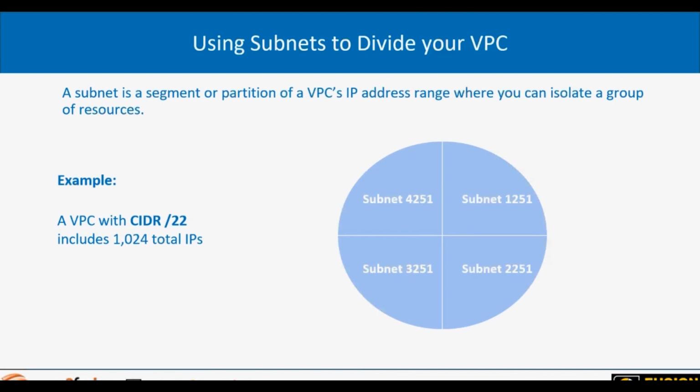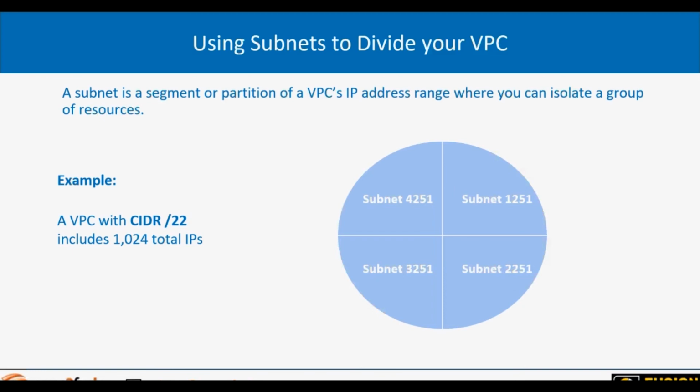Using subnets to divide your VPC. Okay. Subnet. What is subnet? Subnet is nothing but a subset of your network. It's a segment or partition of a VPC's IP address range where you can isolate a group of resources. Before we have seen CIDR notation, we have to come up with some /16 or /18, /20 something.